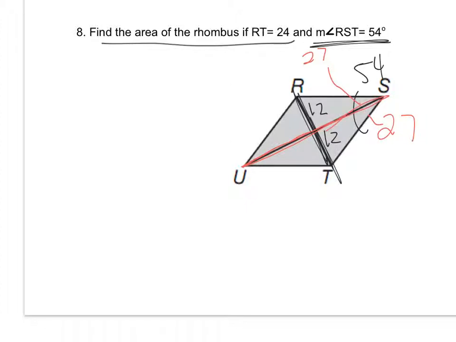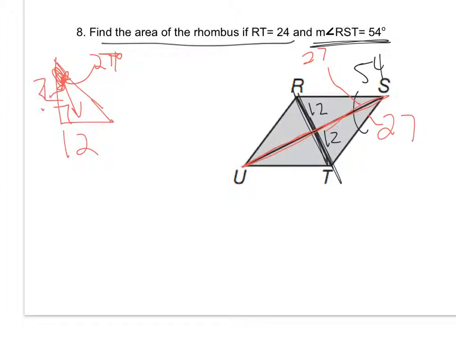Okay, so let's look at what I've already built here. I've got a right triangle, which is going to be very helpful. That's a right triangle. That's 12. That's 27 degrees. I want to figure out what this is. Wow, if only I had something that could help me figure out what that is. Oh wait, I do. It's called trigonometry. So I have this angle, I have this side, and I want this side.